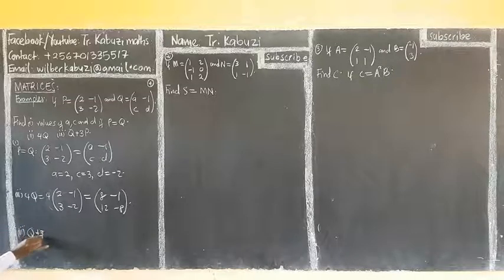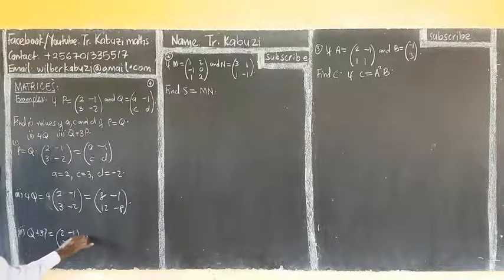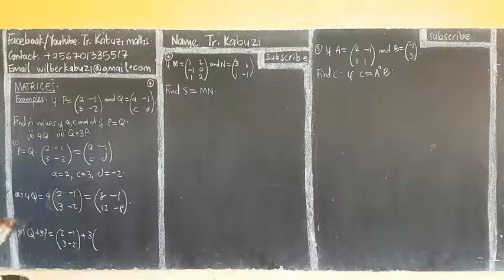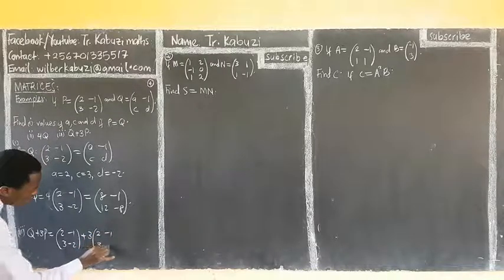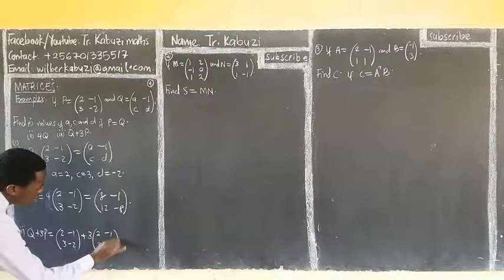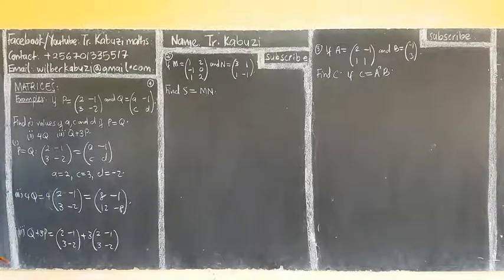Then number 3, they are asking us to get Q plus 3P. This will be our Q, which is 2, negative 1, 3, negative 2, then plus 3 with matrix P, which is 2, negative 1, 3, negative 2. What do we do first?